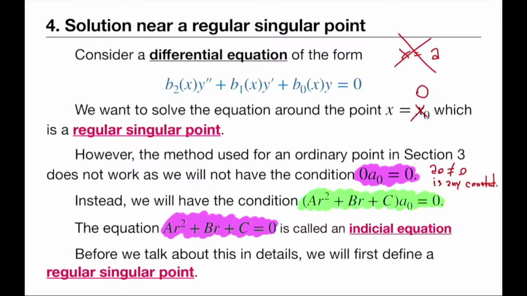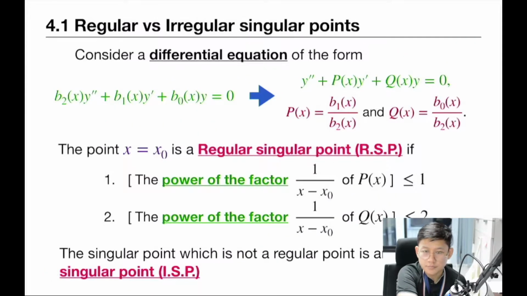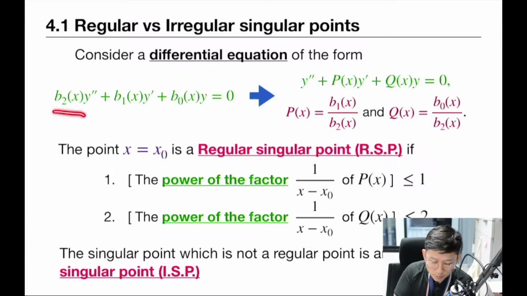But before we talk about all of these in detail, let's first look at what a regular singular point is. First let's talk about regular versus irregular singular points. If we go back to the same second order differential equation here, this is called B2, this is called B1, and this is called B0.